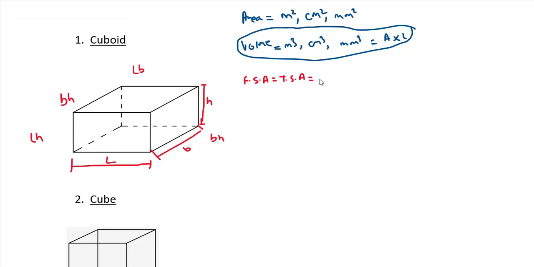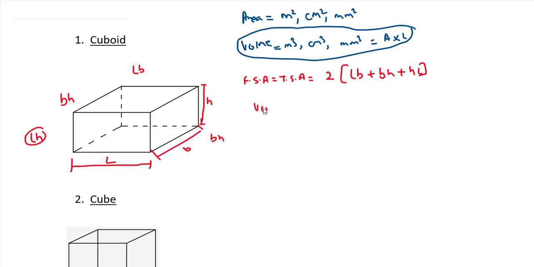So all these terms are occurring in pairs, so we'll write it as 2 times L into B plus B into H plus H into L. So this is your flat surface area or the total surface area in case of a cuboid.